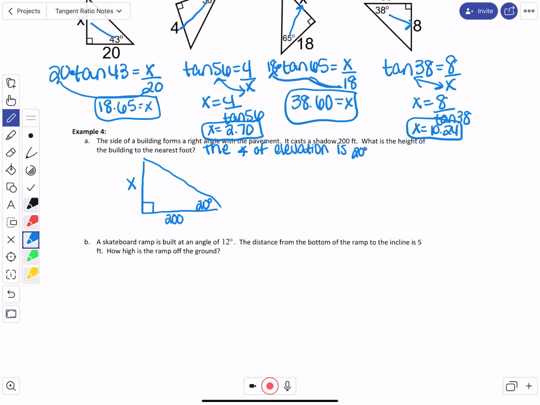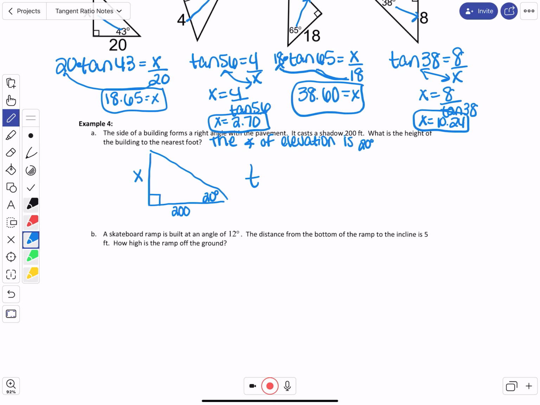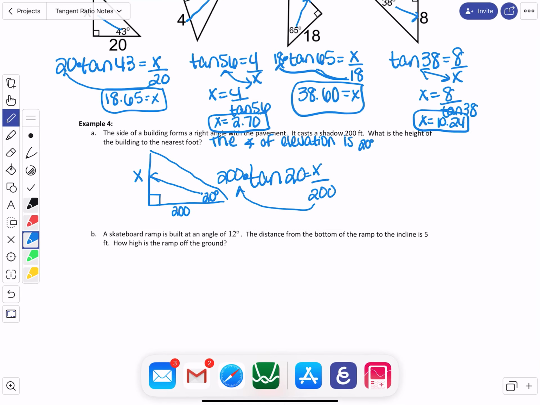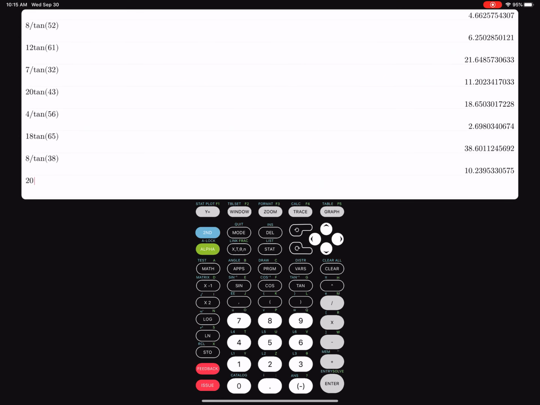Okay, so with this, we know we're using tangent. So tangent of 20 degrees, our opposite is x over 200. So we're going to move 200 over here. We're going to do 200 times tangent of 20. So 200 times tangent of 20 equals 72.79, and it doesn't tell us to round to anything, so we'll just round to 2 decimal places like we've been doing.